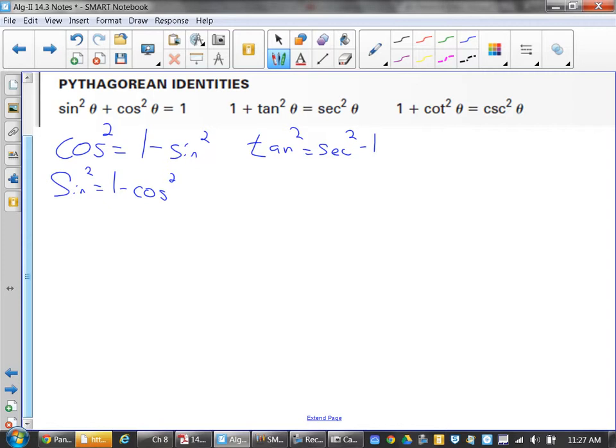And then the last one, I would just say that cotangent squared is what? There you go. One thing I will say is that you really need to know your Pythagorean identities. If you know those basic 3, the manipulation of solving for the other 4 is pretty easy.